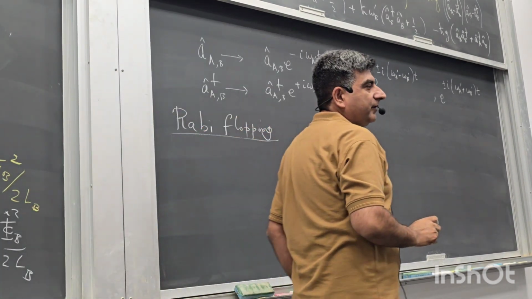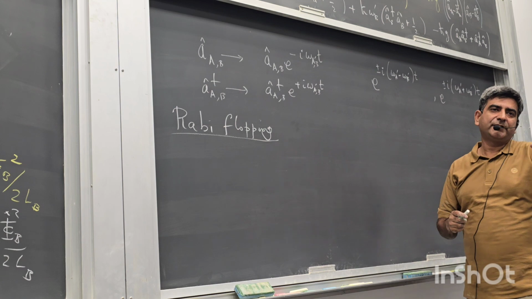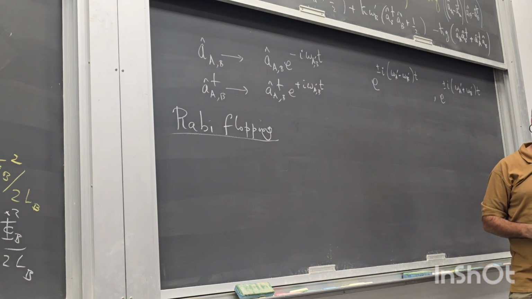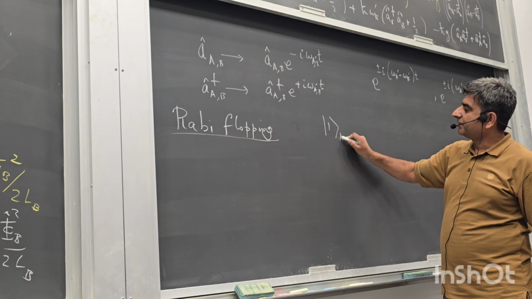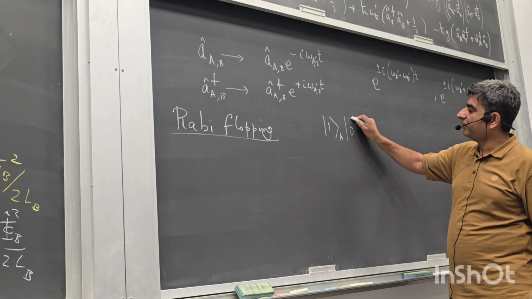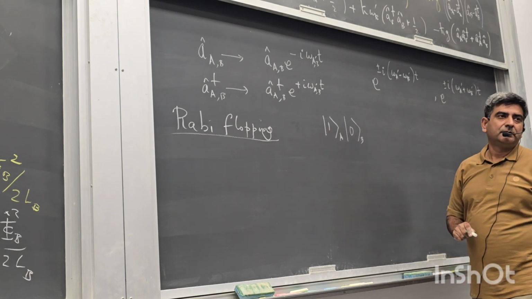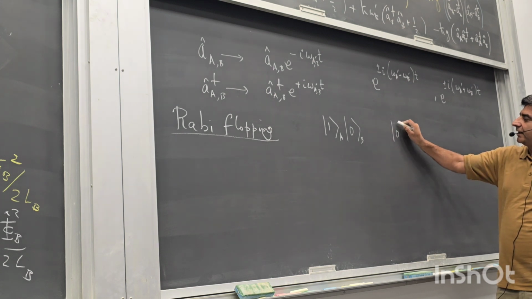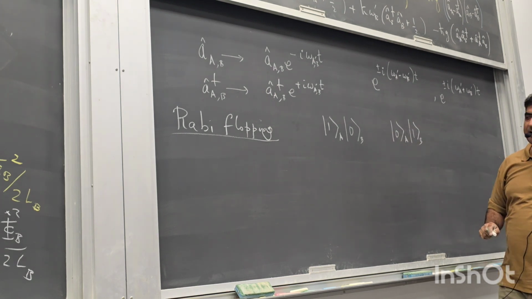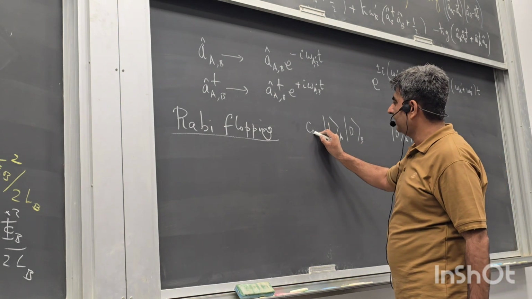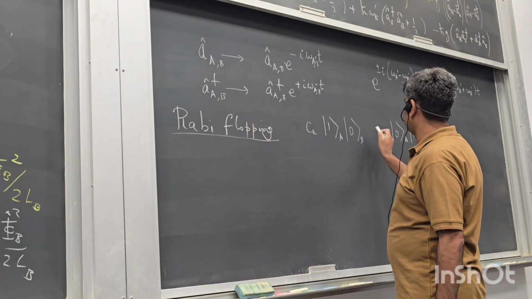So if I have two kinds of states, I have one photon in the system. One possibility is that one photon is in the oscillator A and none in the oscillator B. The other possibility is that none in A and that photon is in B. Then I have a superposition. Let's call this CA. Let's call this CB.